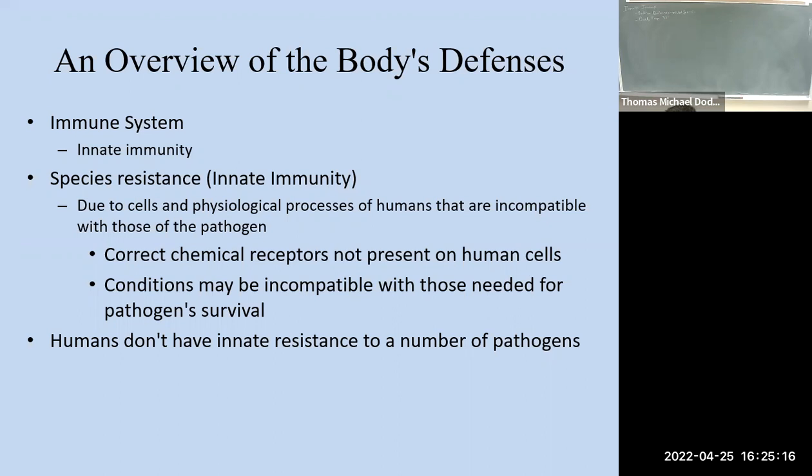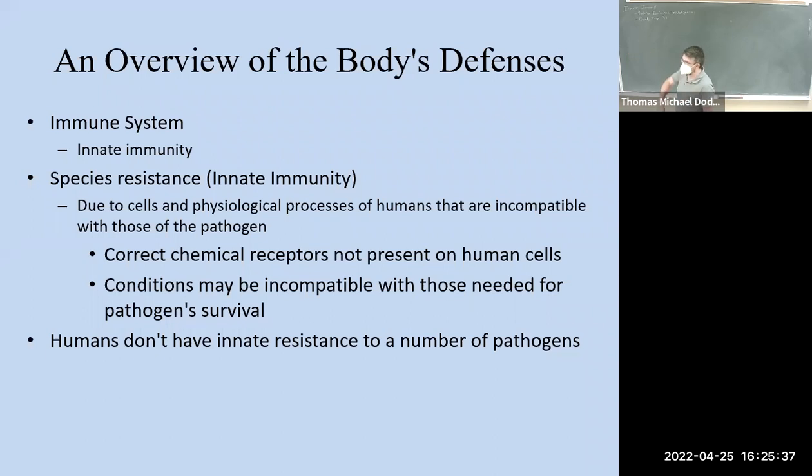No, you're going to be too hot for them, right? That could mess up their enzymes. It could even kill them. Or vice versa, there are some bacteria that may want to work at 50 degrees Celsius, and you're going to be too cold for them. That's part of your innate resistance. Does that make sense? Okay.